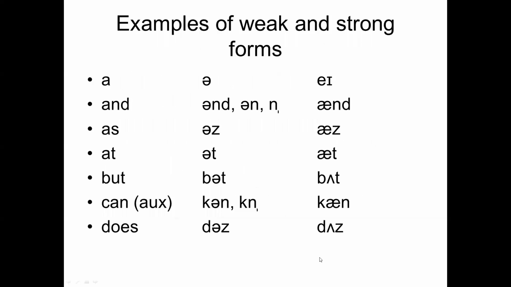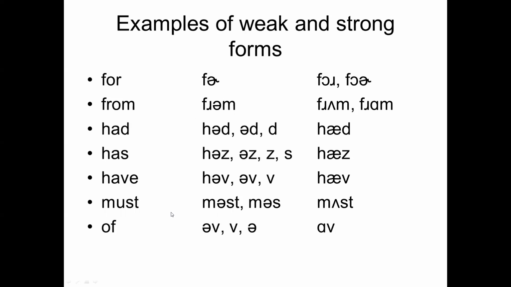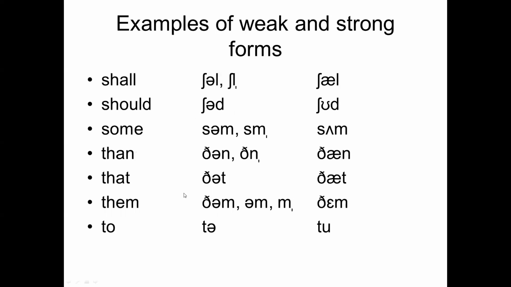If you look at some of the examples in your notes, you can look at them in more detail on your own. You can see the weak form here and the stronger form of the word over here on the right. If we are saying "that is a cat," we might say the strong form of "a" if we're saying it with particular emphasis. But as we're talking and I just mention, oh, I have a cat, then I just said a weak form. You have more examples here of all sorts of different weak versus strong forms for all of these words.